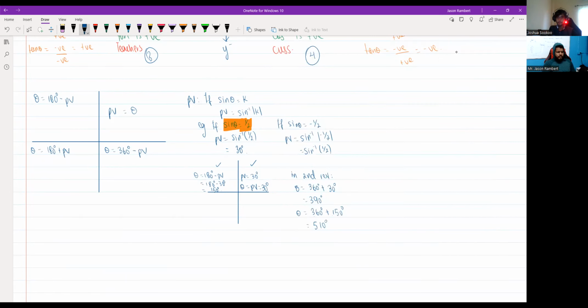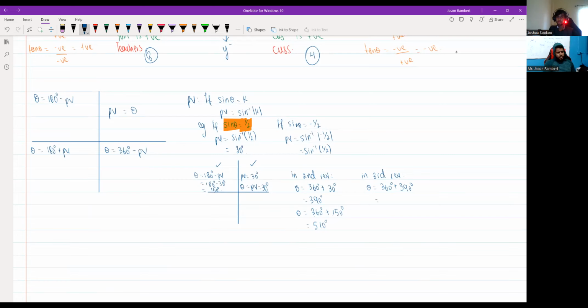I could go into the third revolution and do the same thing. In the third revolution, theta is 360 degrees plus the angle I got in my second revolution, which is 390 degrees. Notice I didn't add back the 30. I just keep adding 360 degrees to each previous solution.